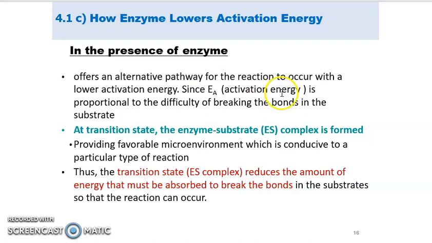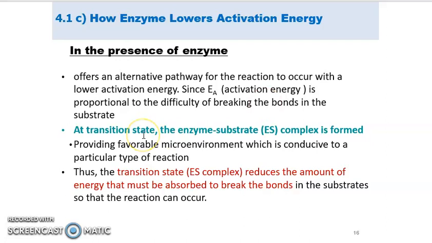Since activation energy is proportional to the difficulty of breaking the bonds in the substrate. Macam yang saya katakan tadi, untuk membolehkan substrate convert to product, it needs activation energy. Bila ada energy, dia akan menyebabkan bond within the substrate to be broken. Tapi bila ada enzyme, enzyme ni membantu supaya process of breaking of bond within the substrate, ataupun energy needed to break the bond within the substrate, to be lowered.